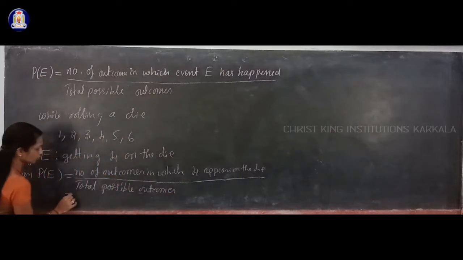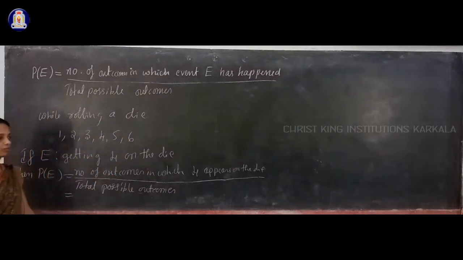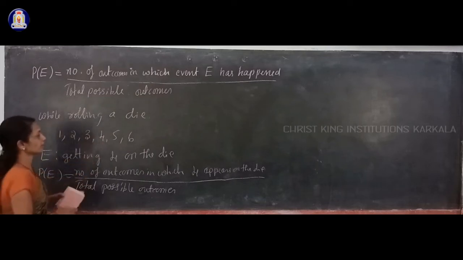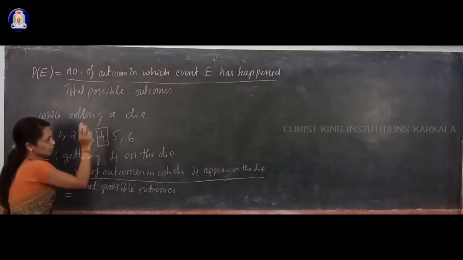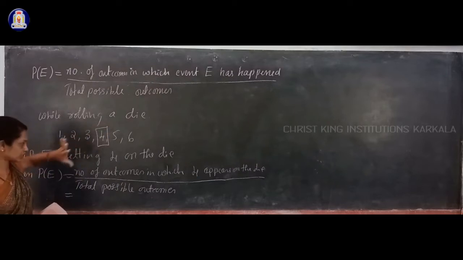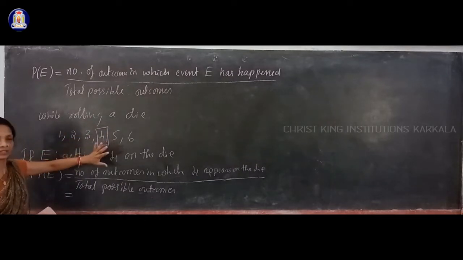So that is equal to number of outcomes in which 4 appears on the die. In how many outcomes you have number 4? In only one face, right? In only one outcome you have number 4. If you get this outcome, then we say that this event E has happened.